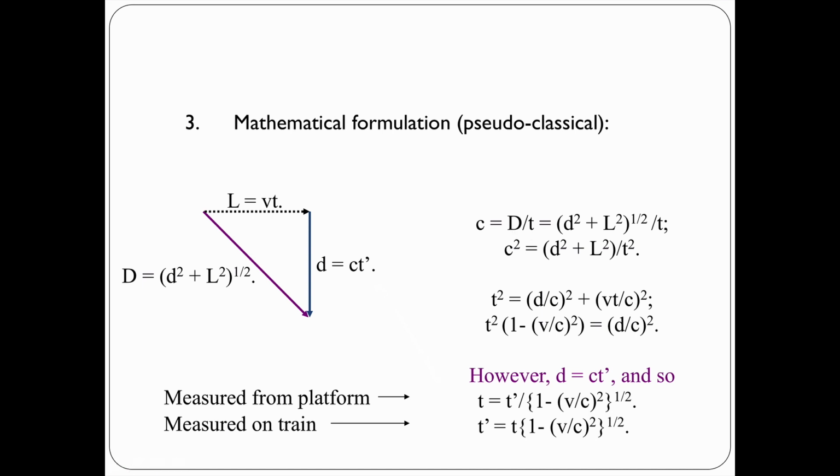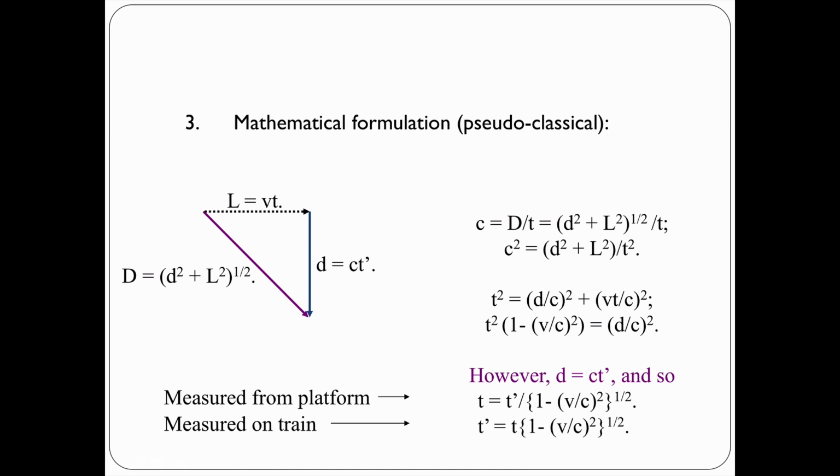Capital D is equal to the square root of little d squared plus L squared, divided by time. Right? So c squared is equal to d squared plus L squared over t squared. What we want, though, is to get a relationship between t and t prime. So let's solve for t squared. That's easy enough. t squared is just equal to little d over c squared plus vt over c squared.